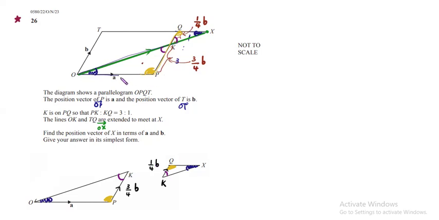Now, I need to find what OX is, because I need to find the position vector of X. For that, I'm going to use the vector OK and KX.